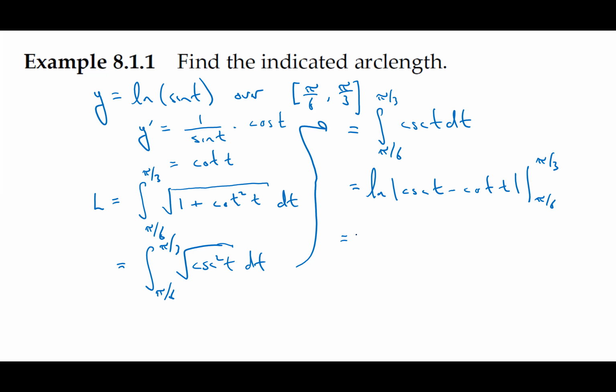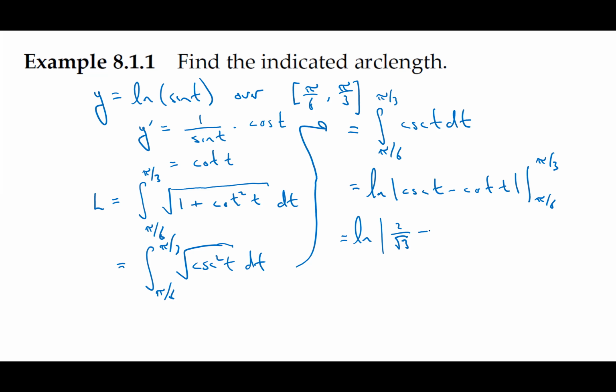And so now it's just a matter of working this out, right? So let's see, cosecant of pi thirds is 1 over sine of pi thirds. So sine of pi thirds would be root 3 over 2. So we have 2 over root 3 minus, and then cotangent is going to be, well, cosine of pi thirds is 1/2. Sine of pi thirds, we just said, is root 3 over 2.